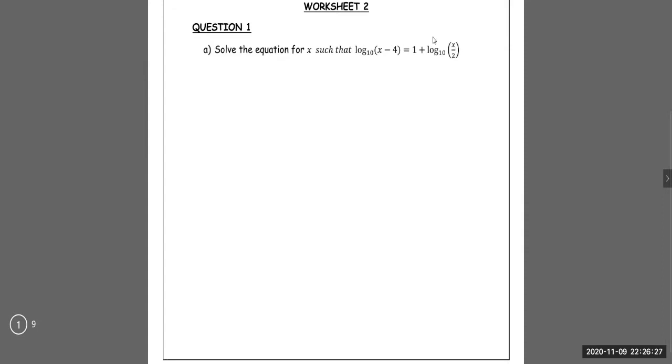Let's subtract log to base 10 of x over 2 on both sides. And so what we would get is log to base 10 of x minus 4, minus log to base 10 of x over 2, and that's just equal to 1, right?